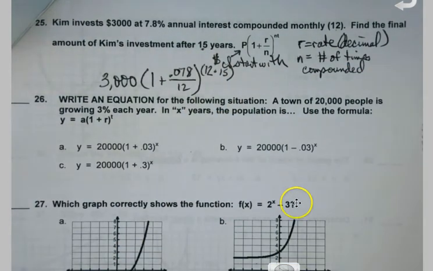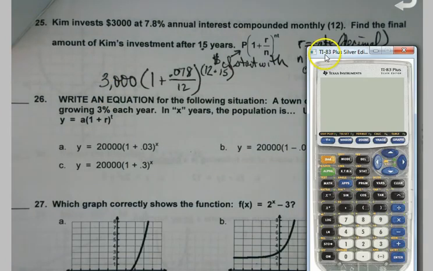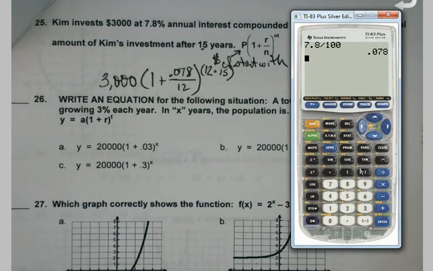So this big old thing right here is what I'm going to type into the calculator to help me figure out how much money I'm going to have after that period of time. And again, I make sure I close my parentheses, use my caret because this is an exponent, and I still want to use parentheses with these so the calculator knows to multiply those two numbers first.